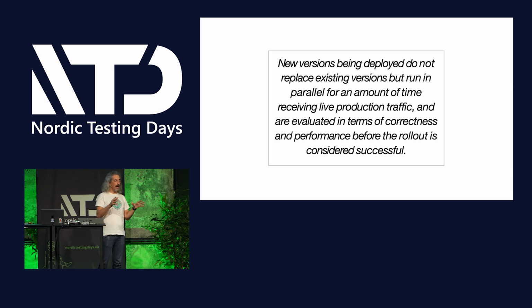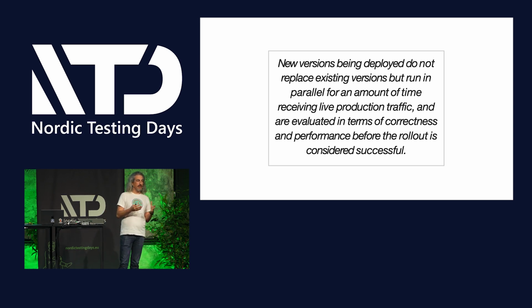You do this live. I think this is the key part of the concept, is that you do it in production. You receive a specific amount of traffic for an amount of time, live production traffic, and then you figure out, is this correct? Is this performant? Is this successful? Is it not?